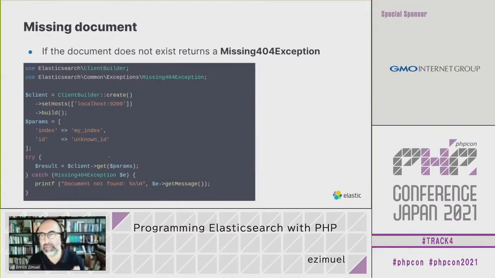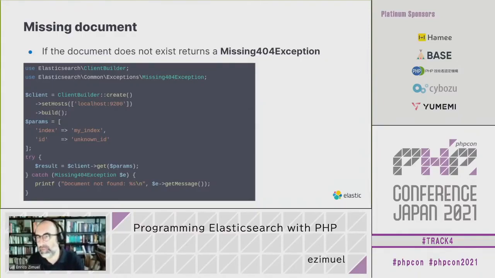But if the document is not stored in Elasticsearch, for instance, you provide an unknown ID, the client itself throws a missing 404 exception. That means the document is not stored in Elasticsearch. If you try-catch the get operation, you can easily manage this, and you can get the message as with any exception, with the getMessage method.